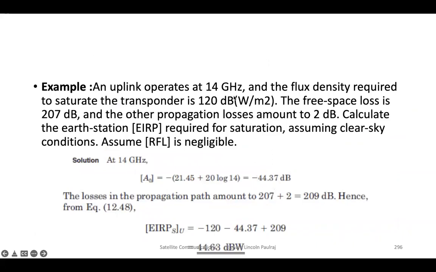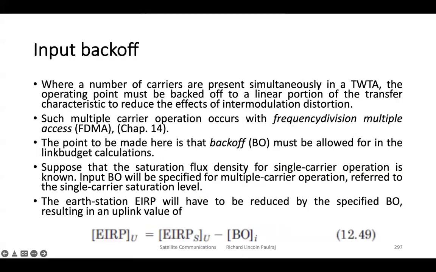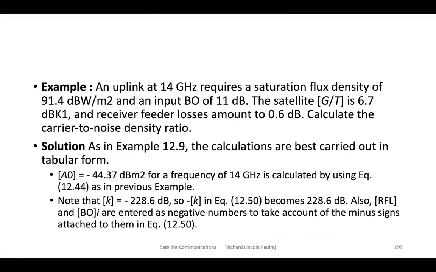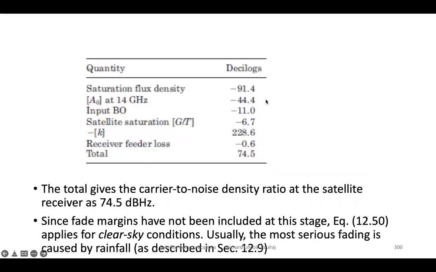This was operating at 14 gigahertz as well, the same band, so we don't have a problem. This is of course a standard formula, 21.45 plus 20 log f, where f is 14. We already have this value, so we're just making use of it. If not, you can recalculate it. That's how I arrive at this number, 44.4, and the back off is 11, and 6.7. Just add them up, and that comes to about 74.5.